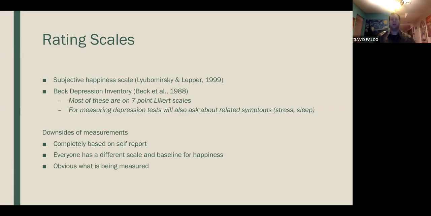So if they give themselves a 6 in happiness, is that because they really feel happier than the person who gave themselves a 3, or is that person who gave themselves a 3 just using a different baseline? There's no way of doing this other than trusting the people who are reporting their own happiness.